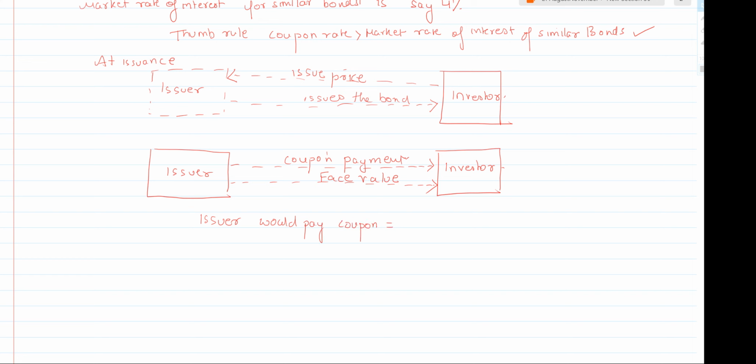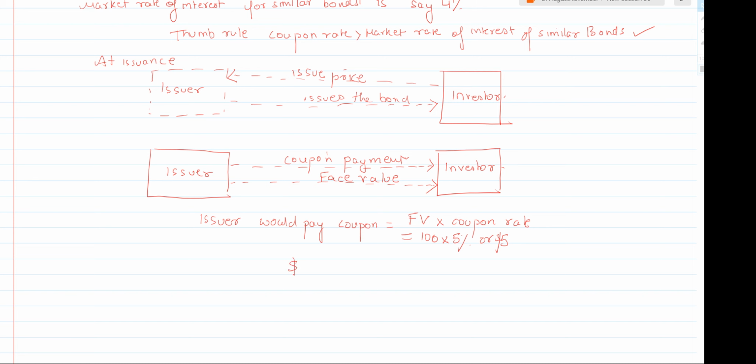Always remember coupon is a percentage of face value. So face value into coupon rate, which is 100 into 5% or $5, right? So at the end of each year, the issuer would pay $5 to the investor, right?